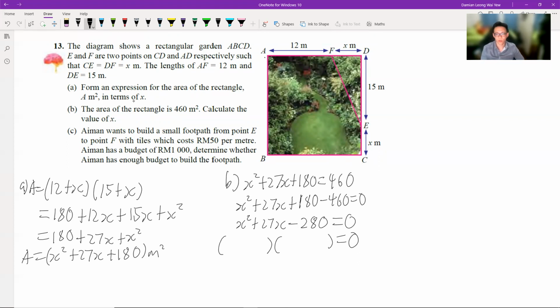Actually there are a bit too many to list out, so let's use the calculator method. Or if you can figure out which factors give you that combination to make 27, you can do that also.